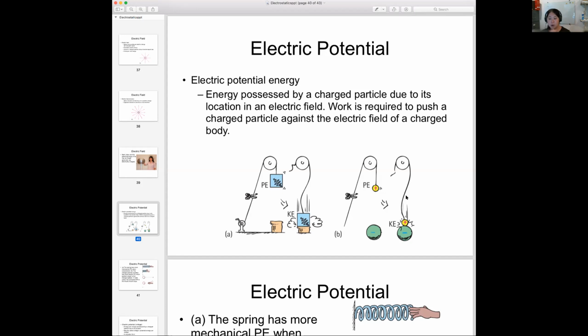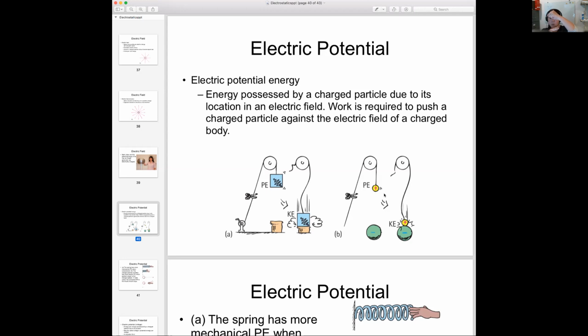On figure B next to it, instead you have a big negative ball underneath and you have a positive test charge up there. The positive charge up there has an electric force that's attractive. So this positive one wants to go down to negative, but it's being supported by the rope again.